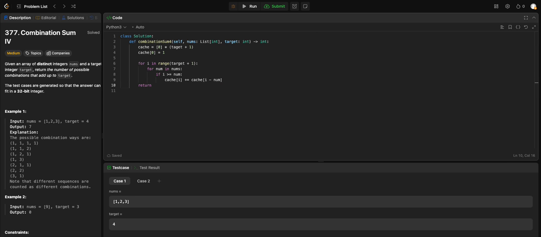All we have to do is return cache at target, and this will give us a solution for this problem.